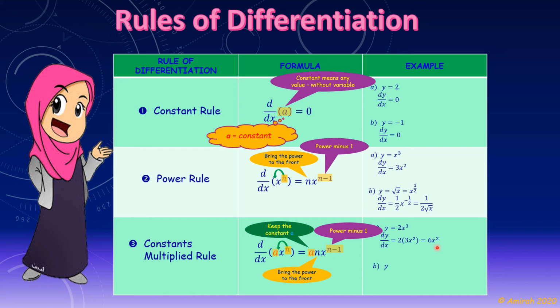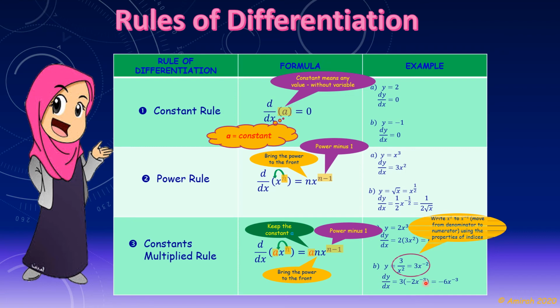B. Let's say we have y equals 3 over x squared. Firstly, we need to move x squared to the numerator, so we have 3x to the power of negative 2, using the properties of indices. Okay, after that, we can differentiate. Then we have 3 times negative 2x to the power of negative 3.